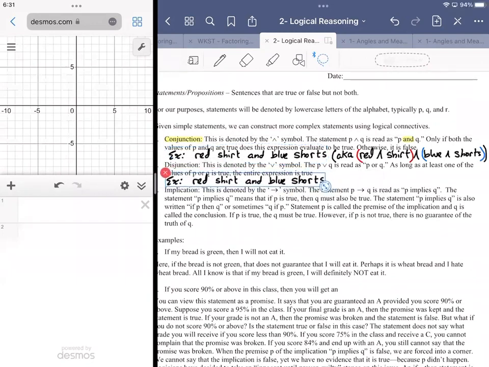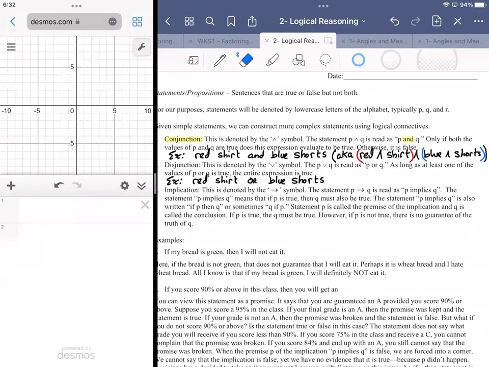I'm telling the truth. The problem with a disjunction, and the aspect of it that makes it confusing to people, is that it makes it seem like a choice, right?